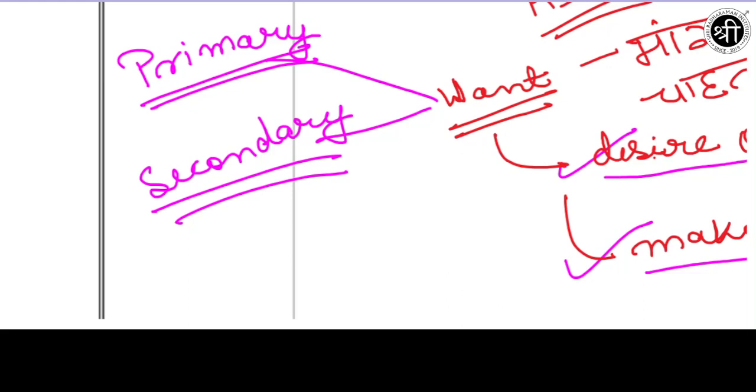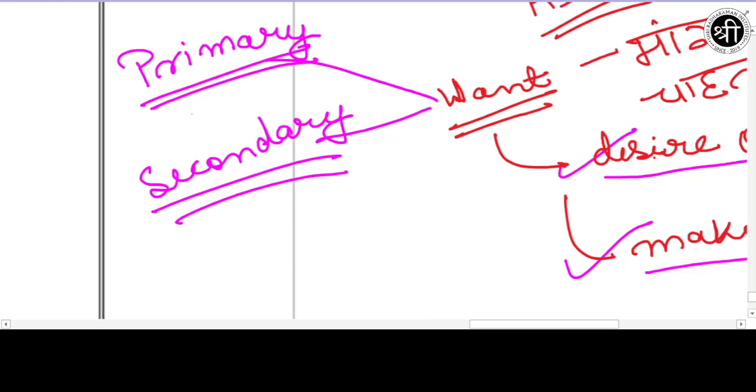The answer is no. So the wants for those goods which are the basic amenities or basic requirements of life come under the heading of primary wants. Like the want for food, the want for a good home, that comes under the primary wants.